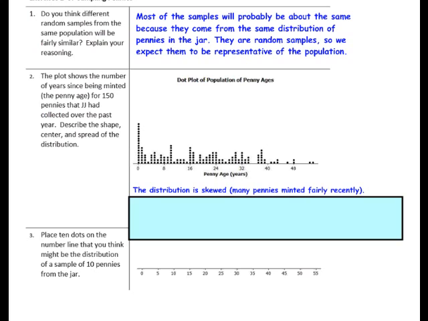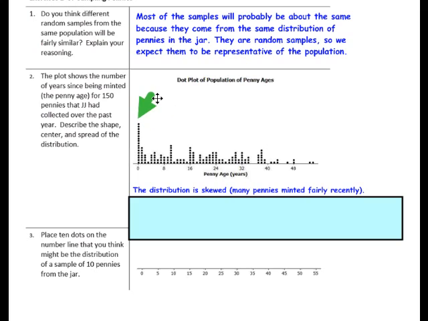The distribution is skewed. Many pennies were minted fairly recently. So notice on the left side of the dot plot that there are a lot of pennies in this section, and these are the newer pennies. You determine a penny's age by subtracting the date from 2017.